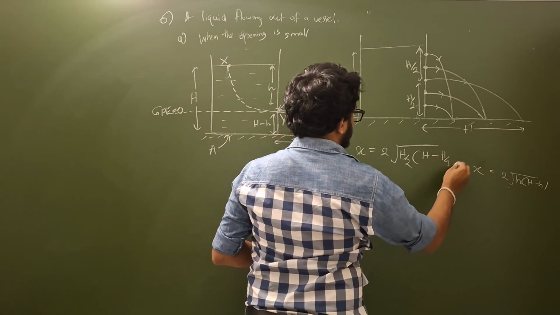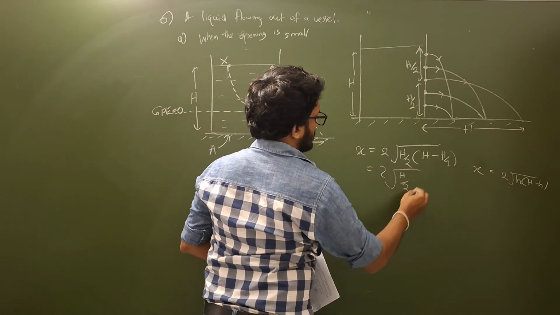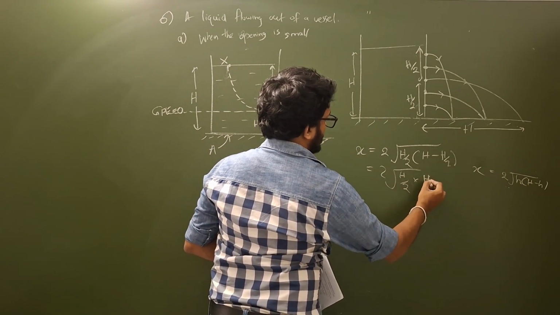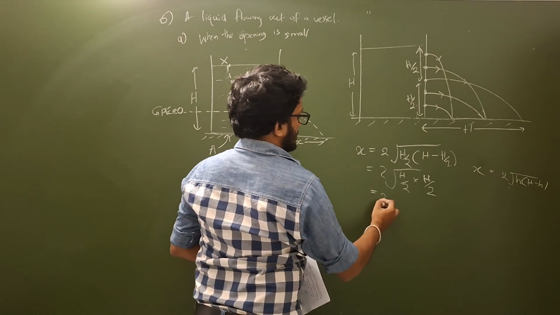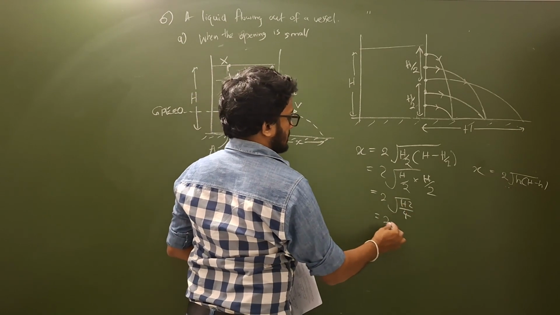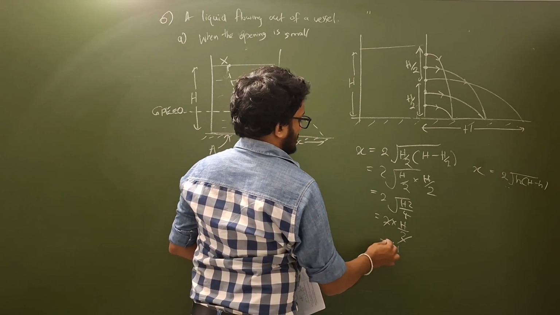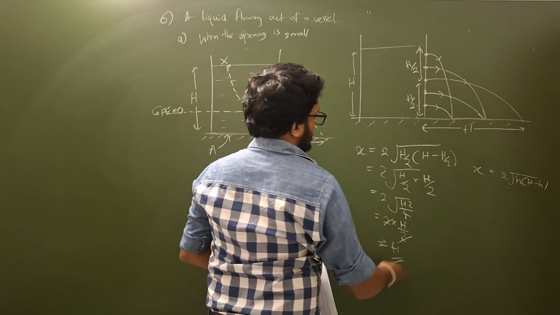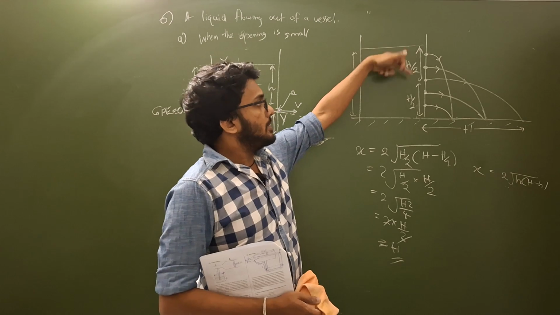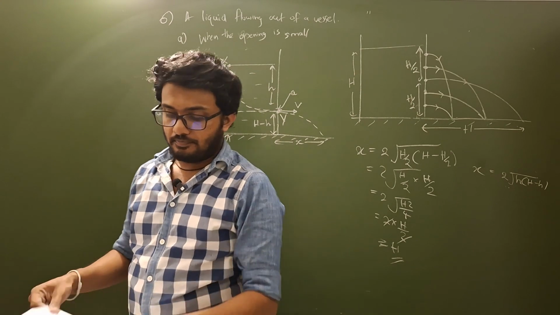So simple h is capital H over 2, so here we get capital H over 2 times H minus h over 2, which means H over 2. Here we get H squared over 4. When you take the square root, we have H over 2. We can cancel it, and so the horizontal range becomes capital H. So at a depth of capital H over 2, the range is also equal to capital H.